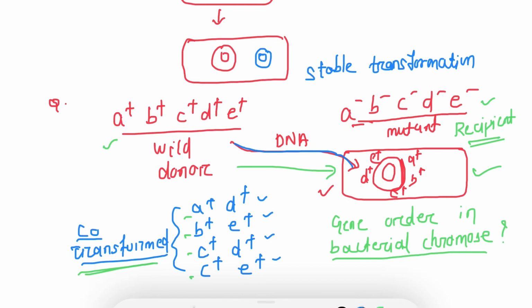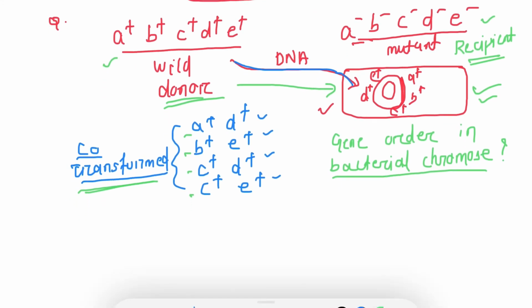Now we have to find out the gene order of the bacterial chromosome. We don't know how the genes are arranged in the bacterial chromosome after they are transformed from the wild donor. How can you find out the gene order? This is really very simple. So first A and D, A plus and D plus are transformed. Then B plus and E plus.